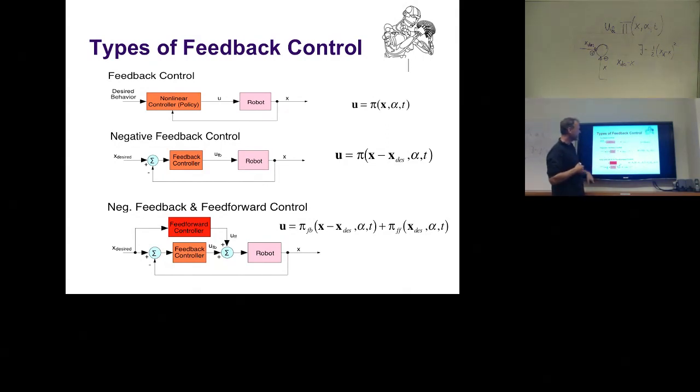This signal is put into a feedback controller, which you will see in a second, and creates what is called a feedback command. So just going back to my equation here, I now suddenly have here X desired. Now let me actually write this differently so we can make this clear. This here is an error E. I now depend on E, alpha, and T. So this is a different kind of state. The error is not the full state information. It just tells me the difference between my desired and where I want to be.